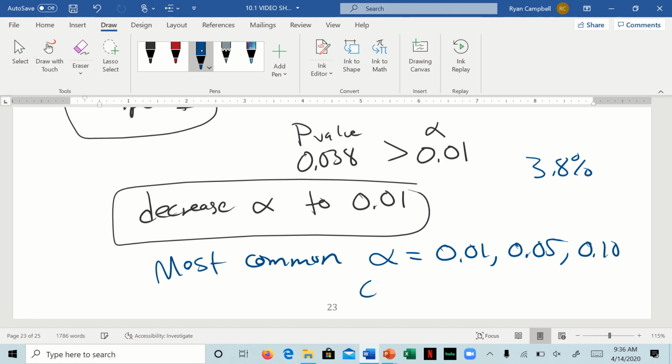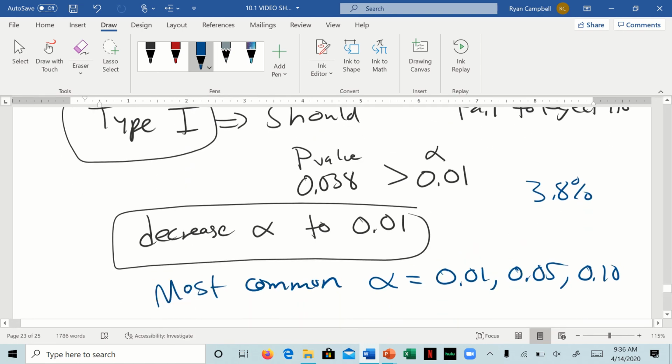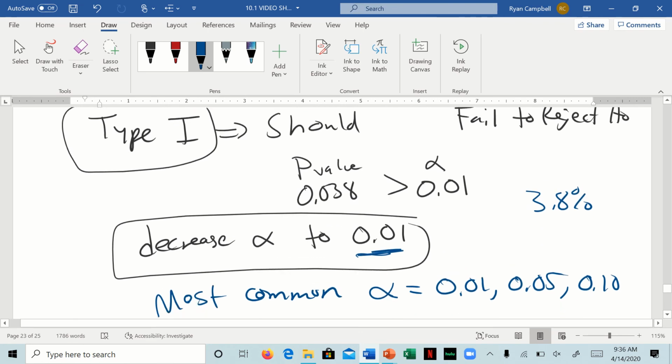If you notice, for the confidence level, that goes with 99%, 95%, and 90%, which are the three most important ones that we typically use, the most common ones. So 10% to 1%, these are pretty much the most common. So since there was an option for 1%, we might have actually made an error. It's potential.